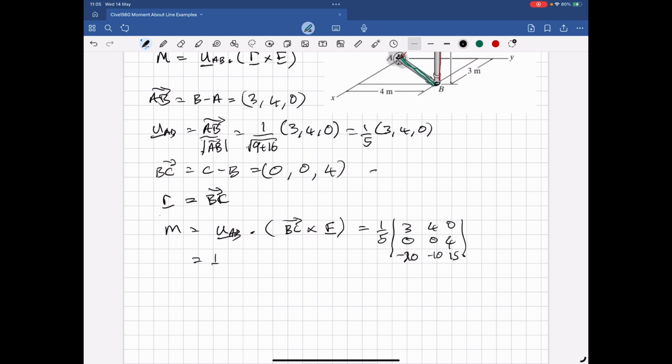We can expand it various ways. Let's expand on this second line. So we're going to have our fifth outside the bracket. We're going to have plus, minus, plus, minus 4 multiplied by the determinant of 0, 0.